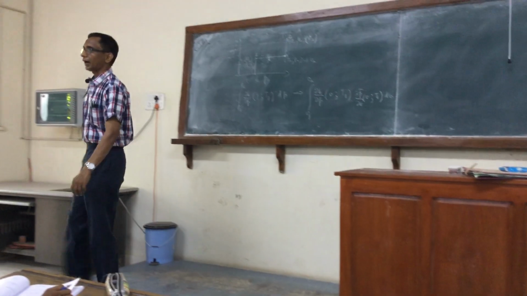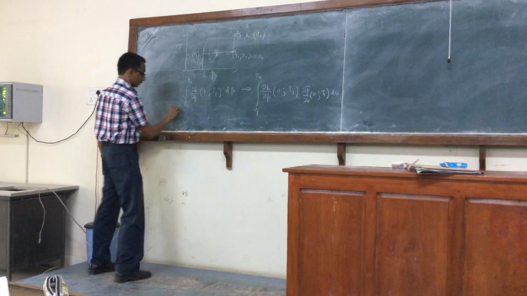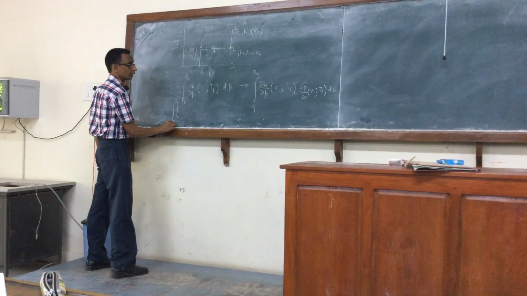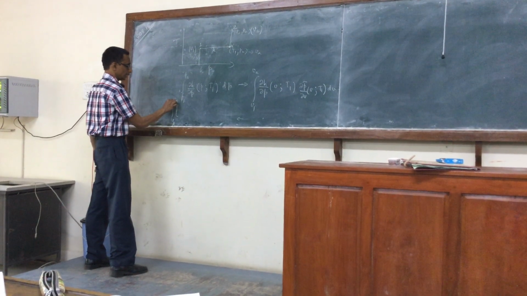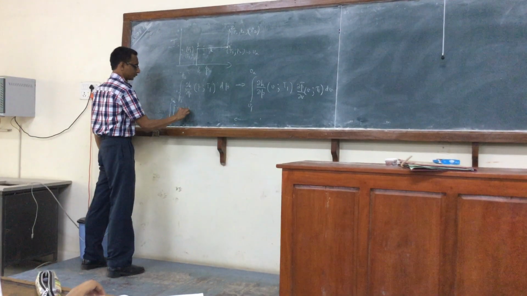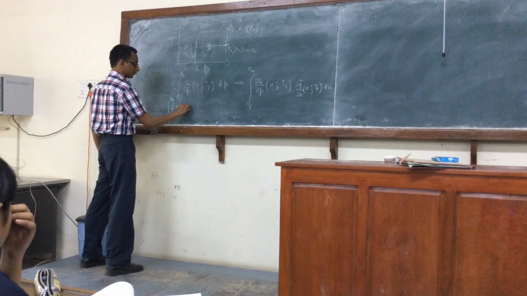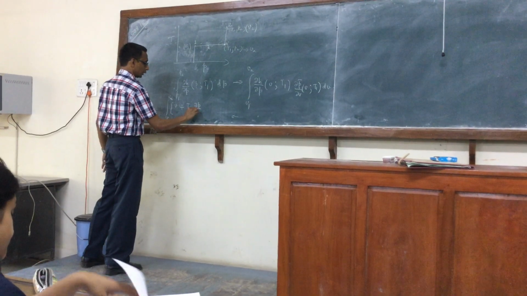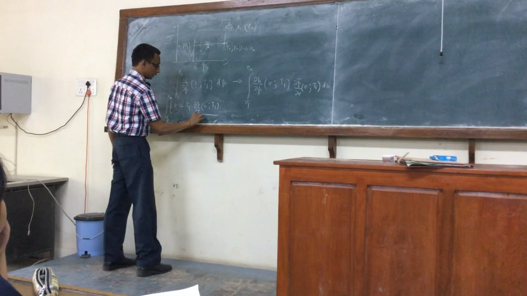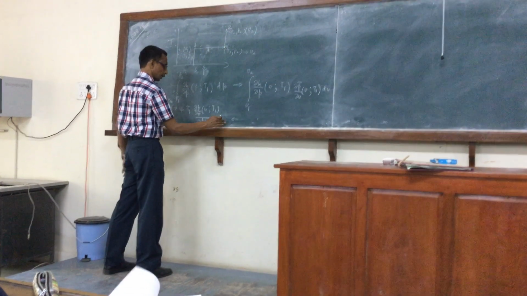This is what we have, and for dH by dP, this then becomes the integral from V1 to VA, sorry, V1 to VA, and this would be V plus P times dV by dP, divided by dP by dV of P1.